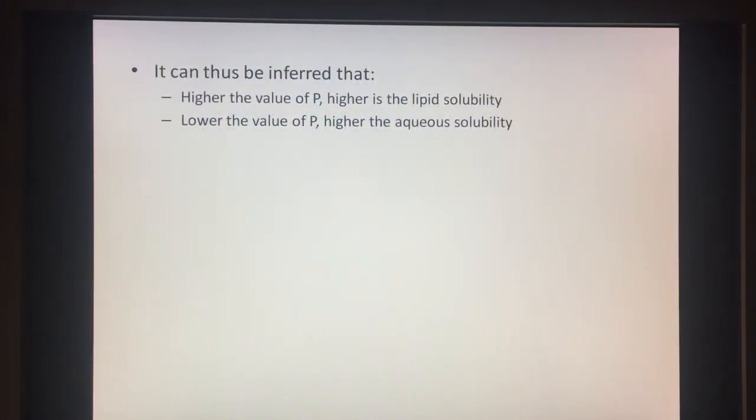In this way, the partition coefficient helps in determining the lipid solubility of a drug. Now the logarithm of the P value is called log P, and it is more commonly used than simple P. So this was all about the partition coefficient.